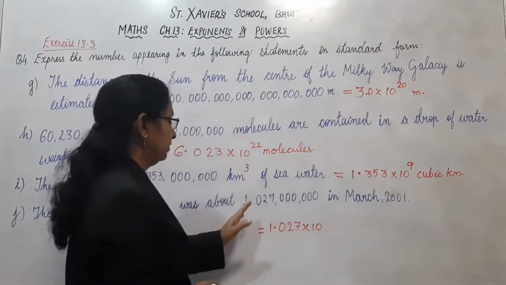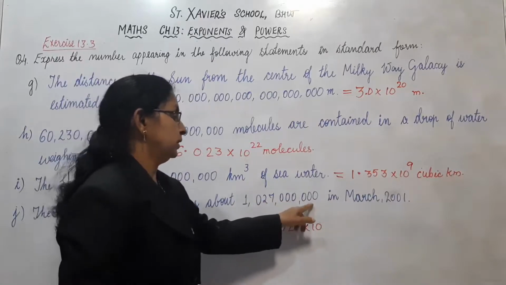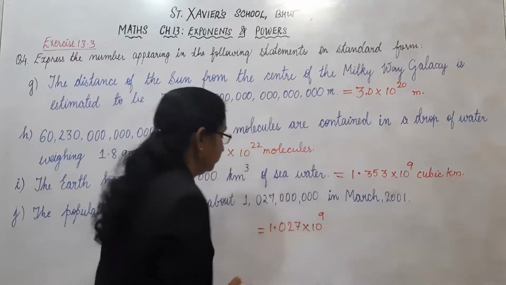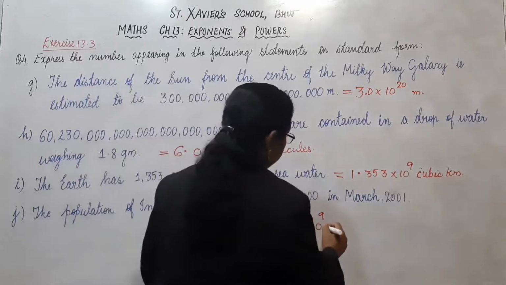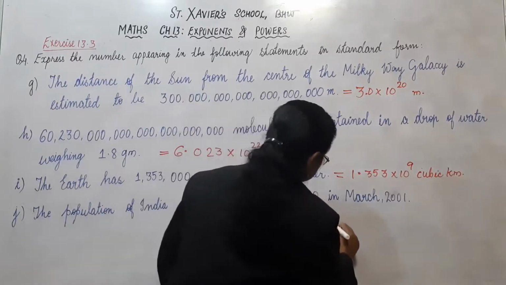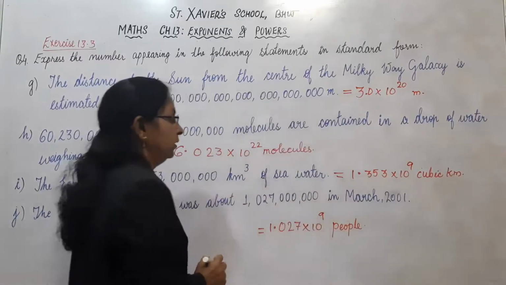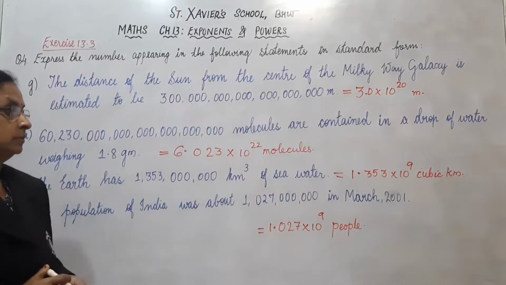Now we have to start counting the numbers after 1. 1, 2, 3. 3 threes are 9. So the power is 9. How to write? 1.027 into 10 raised to 9 people. That is the population of India in 2001.